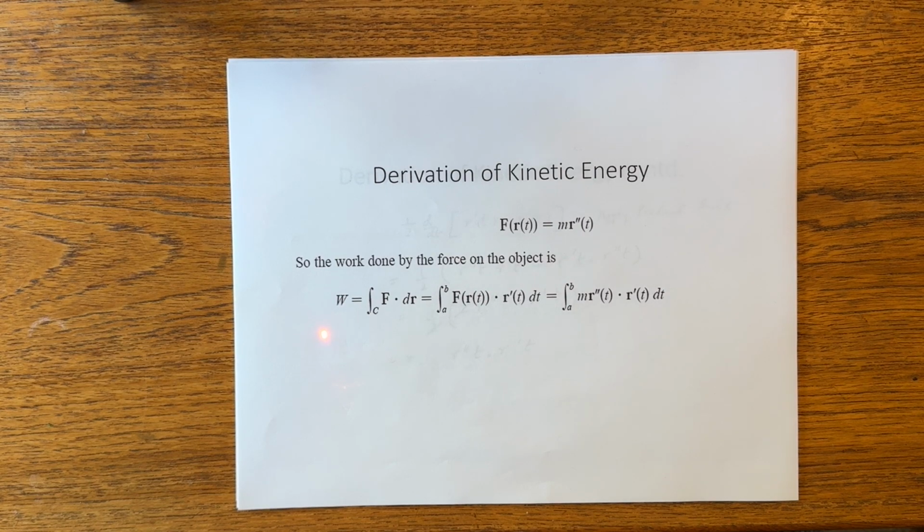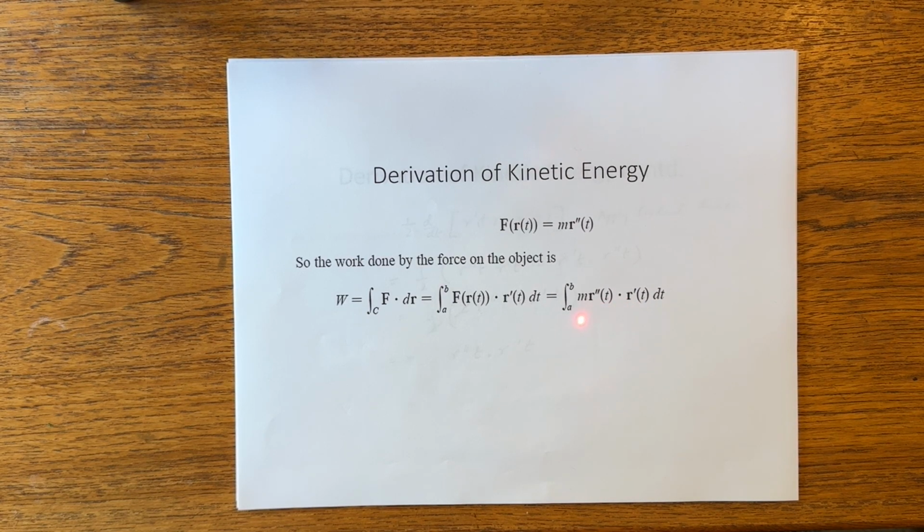So work here is the line integral over a vector field F along a smooth curve C. And this gives us the dot product of the force field, F(r(t)), with the velocity vector r'(t) over the interval a to b. And this force field here is replaced, by Newton's second law of motion, by m times the acceleration vector dotted with the velocity vector.